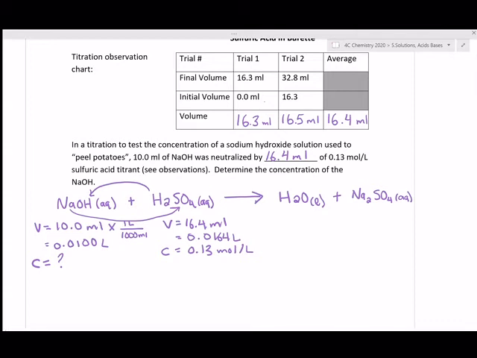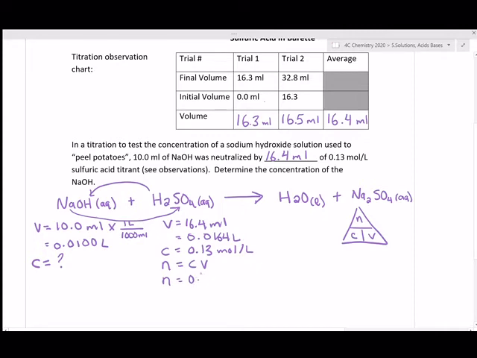Now, at this point, like all stoichiometry, you need to get something into moles. So there is only one thing that we have the information to get to moles, and that is sulfuric acid, because we know its concentration and we know its volume. So just to remind you here, we have a little formula. Concentration is moles divided by volume in the magic triangle. So n is equal to concentration times volume.